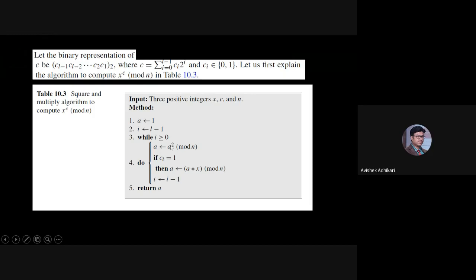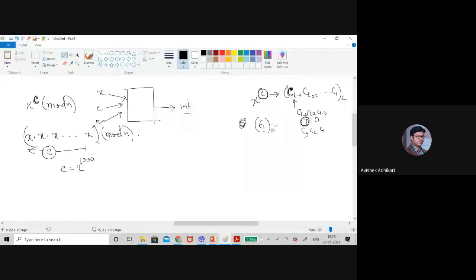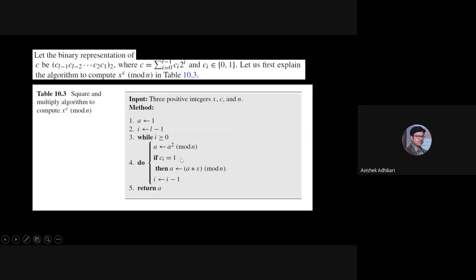So first you square it. You started with 1, first you square it and put it in a. If your c_i, which started with c_{l-1}, that means c_3, is 1, then you multiply with your square.